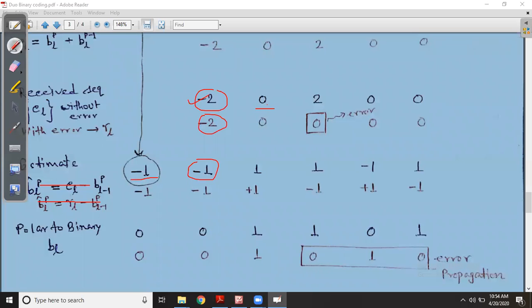Then again this 0 minus the previous voltage level, so 0 minus 1. So it's nothing but this minus this, you will have this one. Similar way, 2 minus this one, we will have this one. In that way, we are getting this row also.